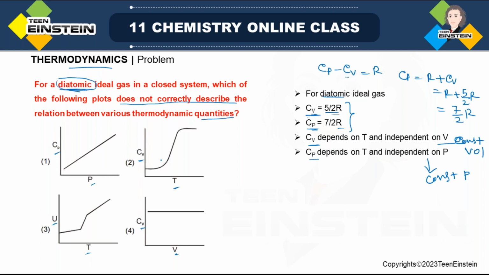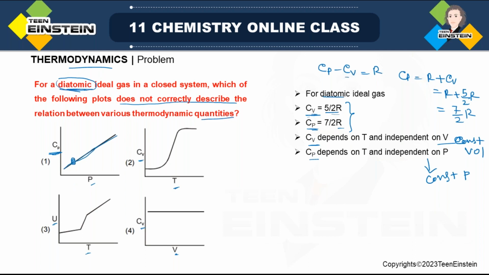Now we have to choose that plot which is not correctly representing the relationship of the quantities present on the y-axis and x-axis. Cp is independent of P, but from the graph you can see it is increasing like this. There is a positive slope. It means when P is increasing, Cp is also increasing.